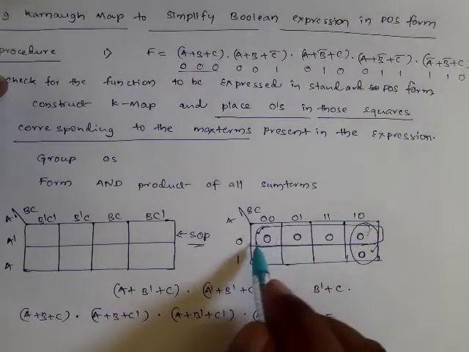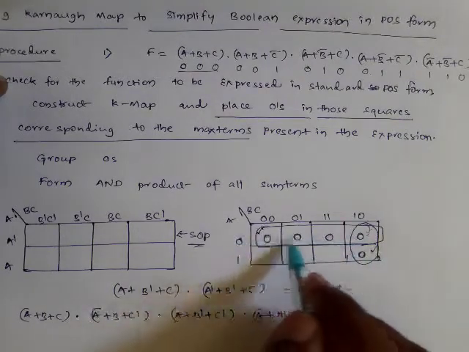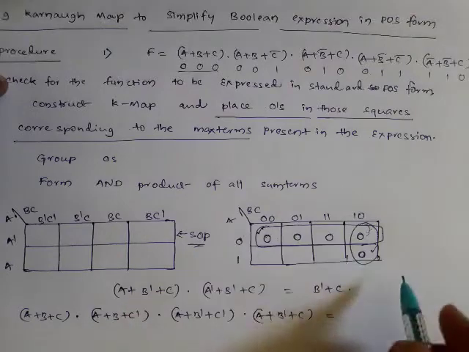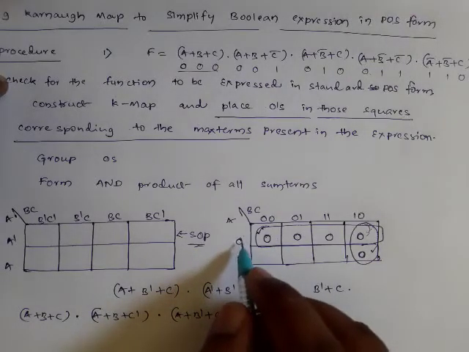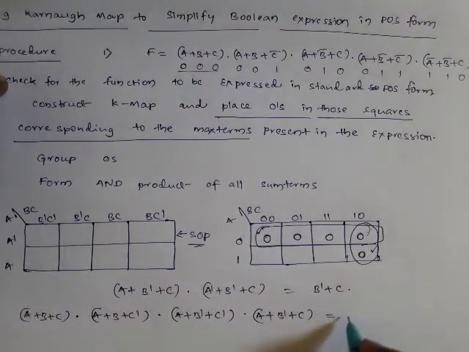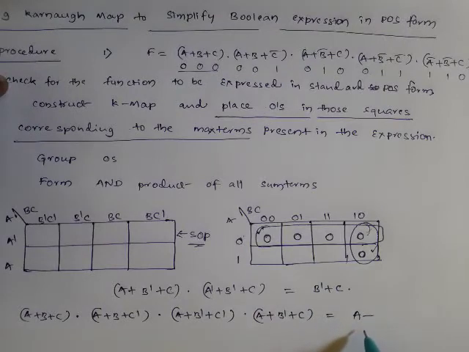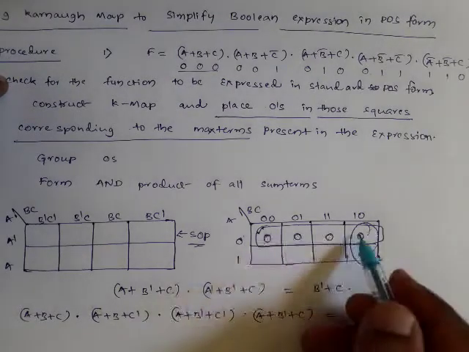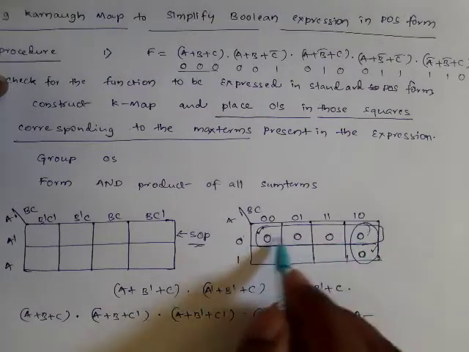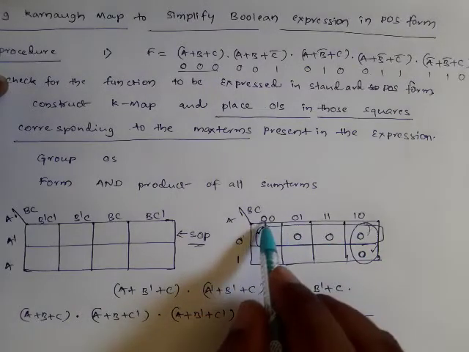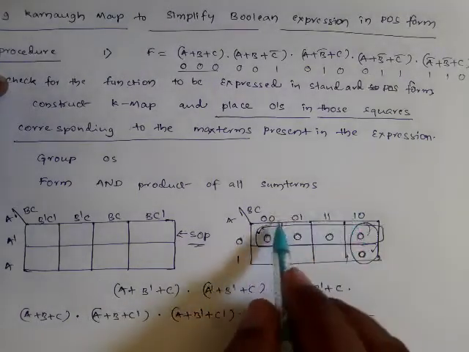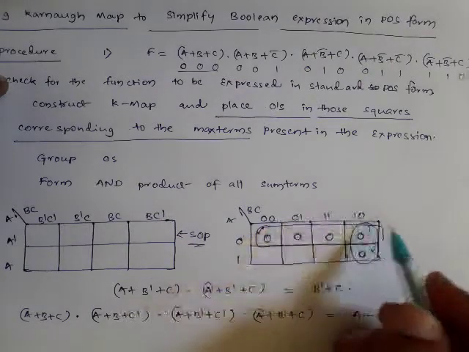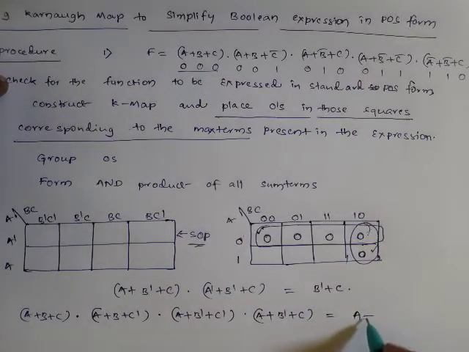You can directly see that. So what remains constant is, for these 4 zeros, the variable A value at 0 remains unchanged. So it is written, since the value is 0, in its original form, plus any other variable which is not changing for all these 4 zeros. You see B is changing from 0 to 1, and C is also changing from 0 to 1, so there is no other variable, so the sum term is only A.